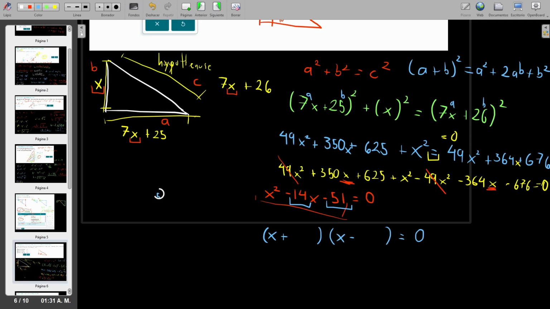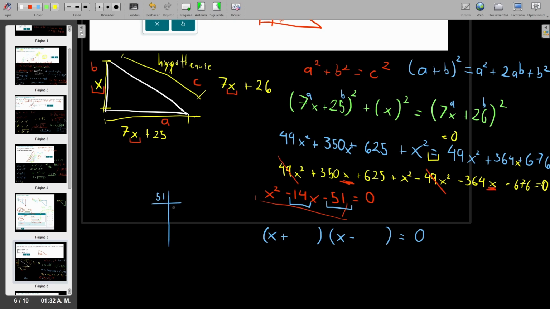We need to be doing this part of factorizing the numbers. 51. How can we factorize this? We can do this with 2. No, if we divide this by 2, we do not have a whole number.